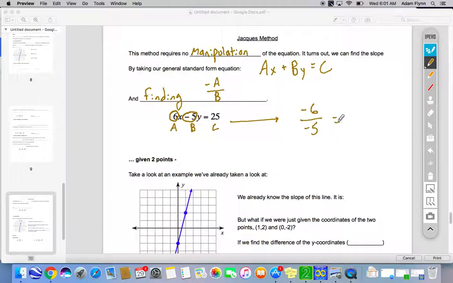Okay, and just like above, our negative signs cancel, so we're left with 6 over 5 as our slope. So, does it matter which method you use when given a standard form equation? Absolutely not. You should get the same answer. Okay, pause the video if you need more time.